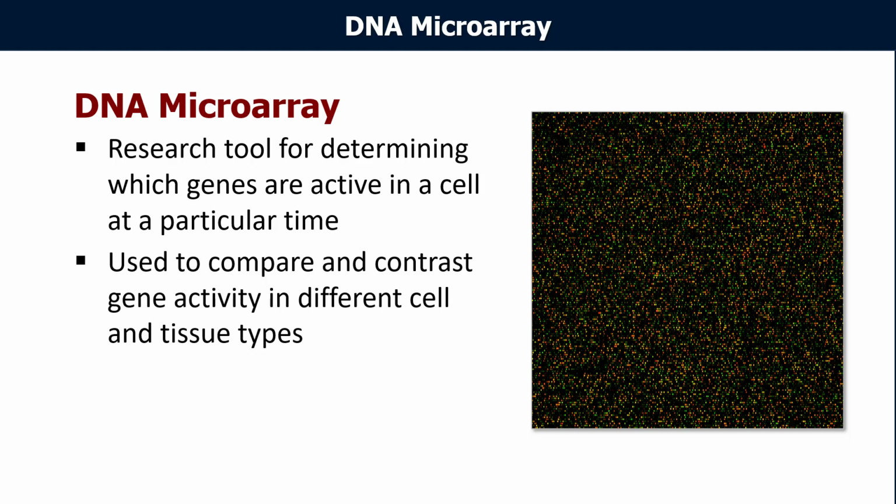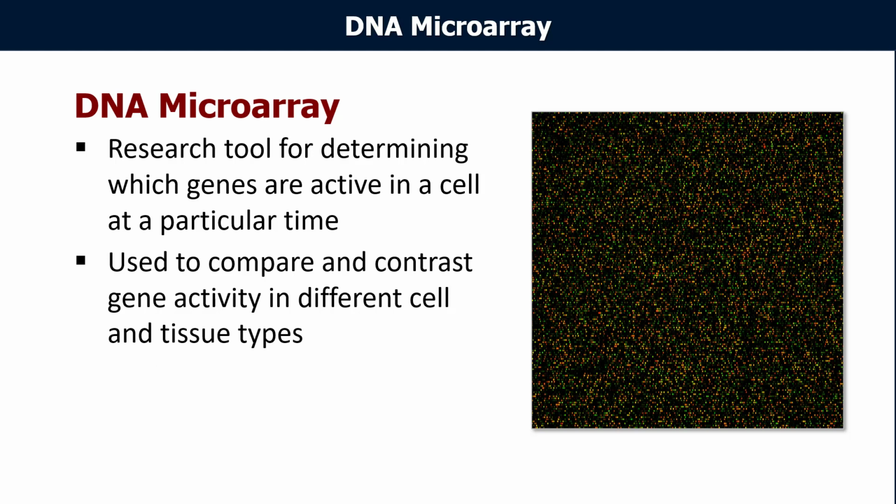In other words, I could use the microarray to figure out which genes are turned on in the liver cell right now versus which genes are turned on right now in a skin cell or a kidney cell. We can compare the sheet music of two different cell types and see what notes they have in common, what's similar about these cells, and what's different in terms of their gene expression patterns.